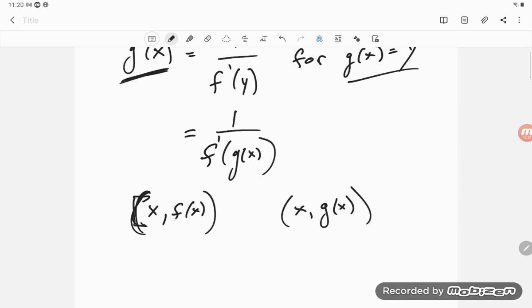Okay, but what we see is that if I have this particular point on the graph there, then what I know is that this point, or a point on this graph, would match up as an f of x and an x for some particular x value, like x1, f of x1.